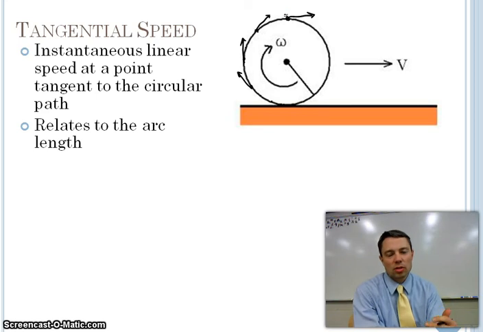In other words, it's the speed at that particular point. It is in effect an instantaneous speed at that point on that curve as we go around. That means this whole thing relates linear to rotation. It's the way that we tie linear and rotational together.